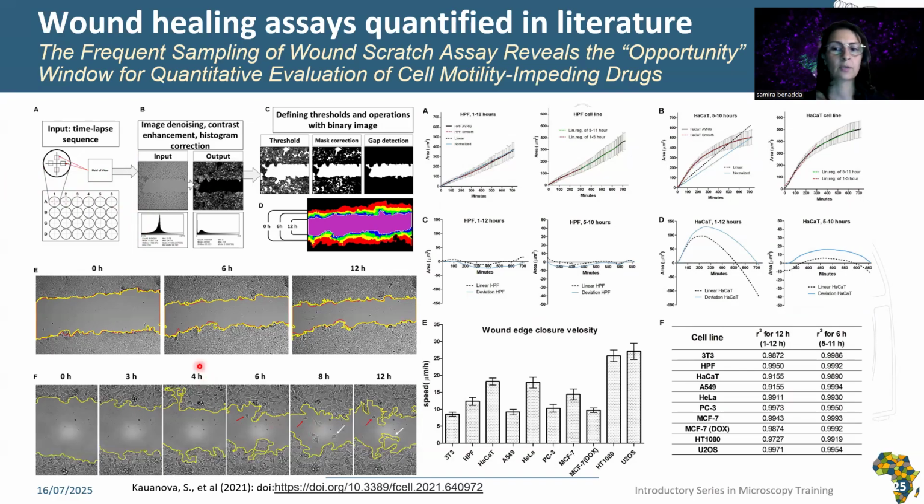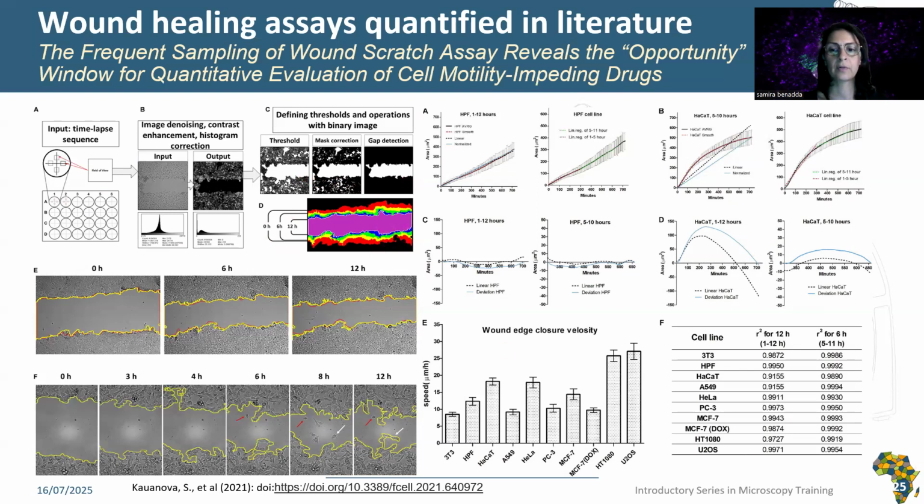Then the script applies a threshold on the filtered grayscale image to convert it into a binary form for correction and gap detection procedure. The obtained binary masks are then collected into a sequence of wound contour and area counts here.